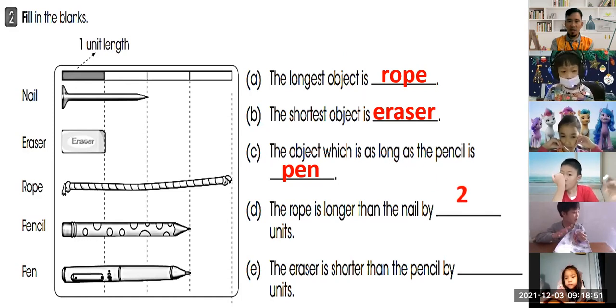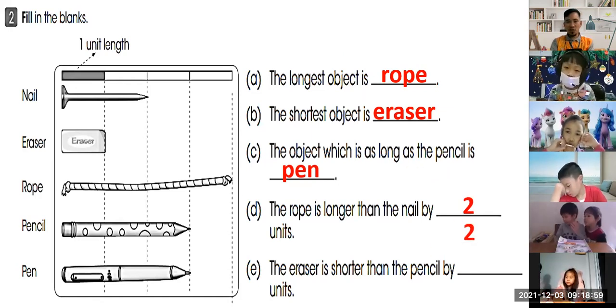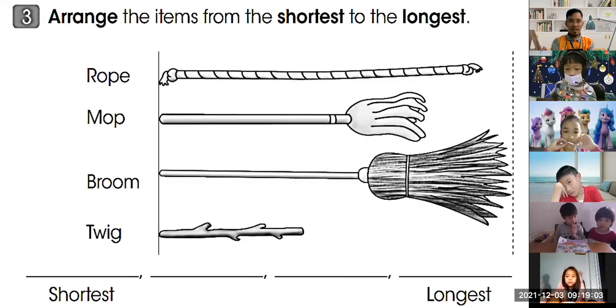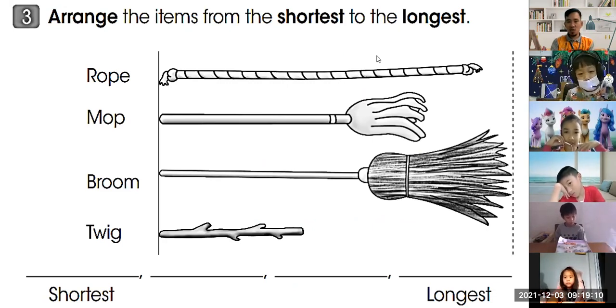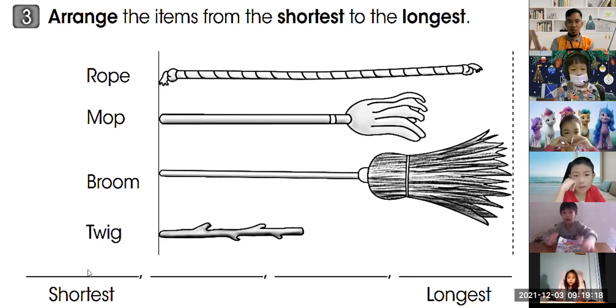Now here, the rope is longer than the nail by 2 units. And the eraser is shorter than the pencil by 2 units. Okay. Here, we will arrange these items from the shortest to the longest. Everybody, what's the first one? Twig. Good.